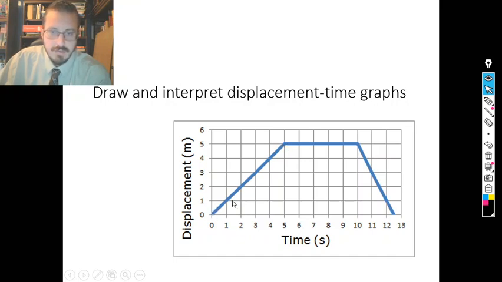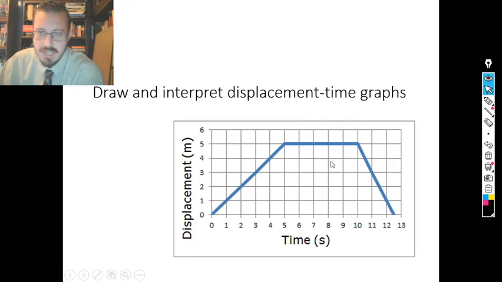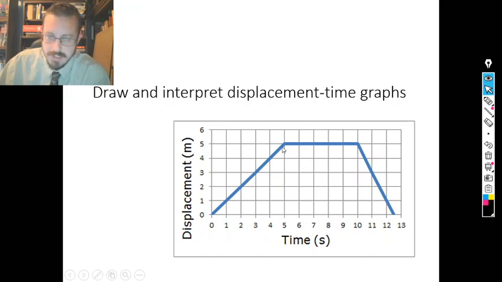Because it's telling us the rate at which an object is changing its displacement. And so the rate of change of displacement is velocity. Displacement divided by time, another way to think about this definition, is the rate of change of displacement. Velocity is the rate of change of displacement because it's happening as a function of time. So here it's changing its displacement at a rate of 1 meter per second. So after 5 seconds, it's traveled 5 meters.